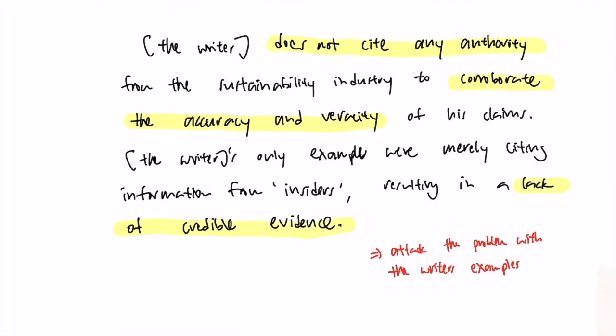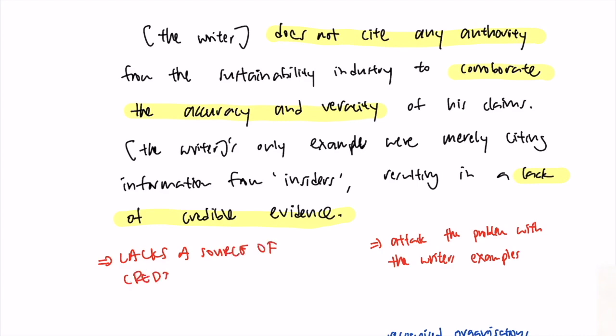And because the writer does not use any of this, we can argue that the writer lacks a source of credible evidence in his essay, since whatever he is criticizing or claiming is only backed by insiders, which he has not even named. So, what does he mean by insiders, right? Who can confirm that the examples or information that he provides is even true? The term insider information that he uses is not enough. Even I can say that I have insider information that the A-levels would be cancelled for the next 10 years.